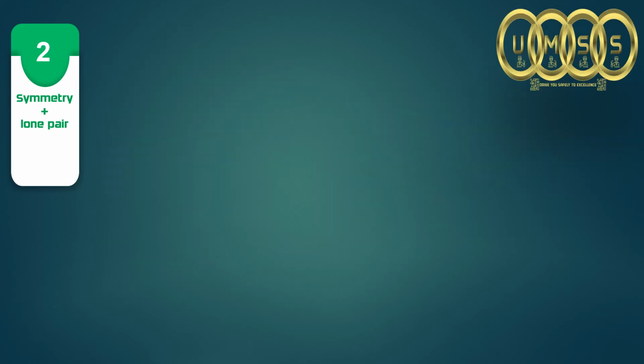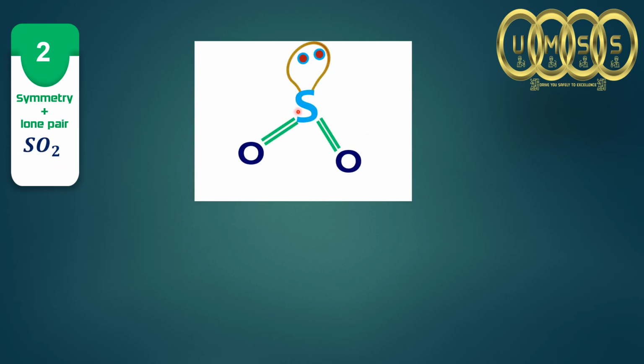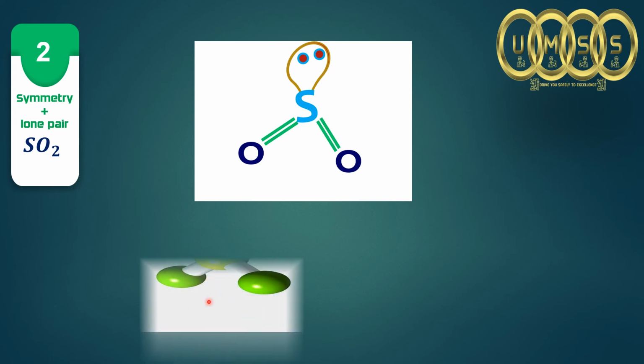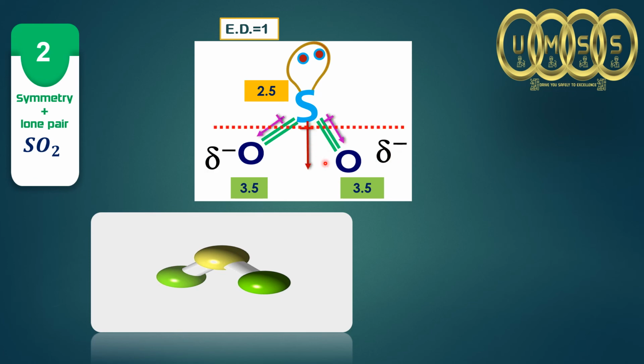The last example about asymmetry and lone pairs of electrons is sulfur dioxide, SO2. Here SO2 has the same angular shape as H2O, but here the negative pole will be the terminal oxygen atoms, as the electronegativity of oxygen equals 3.5 and for sulfur equals 2.5. So oxygen atoms will pull the bonded electrons, acquire a partial negative charge and act as negative poles.